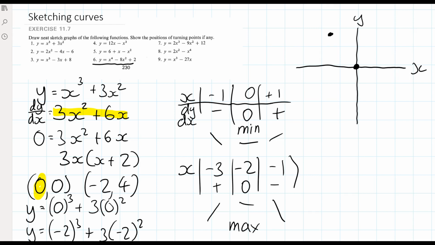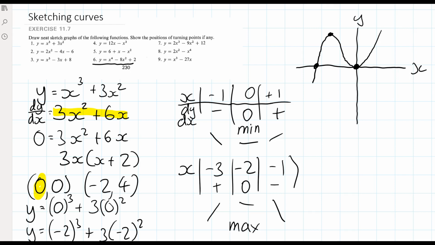I know that this is a minimum, so it goes in and up. This second point's a maximum, so it goes up then down. Okay, and just for neatness, I want to find out where it crosses that line. I've already got an x and a y intercept at 0, 0, and labeling the other would be nice.